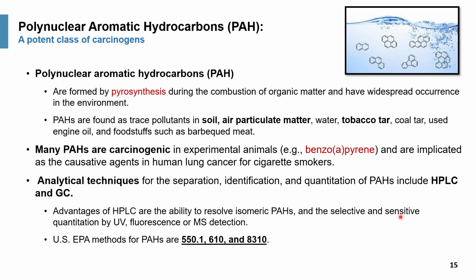And very selective quantitation, particularly with fluorescence or programmed fluorescence and mass spec detection. EPA methods for PAHs are 550.1 for drinking water, 610 for wastewater, and 8310 for solid waste. So there is a lot of interest in looking at PAHs.